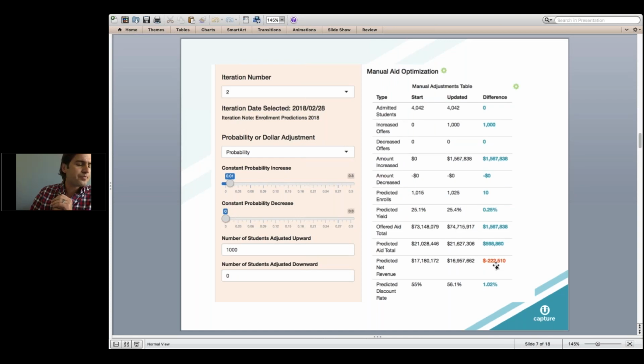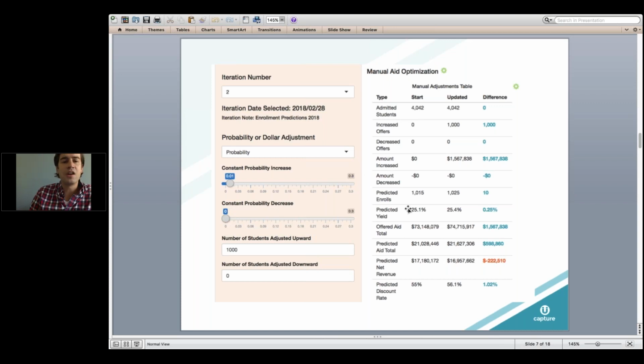In terms of iterations throughout the year, we encourage schools to send us data for our enrollment and admissions applicant models about once a month, and for an enrollment model, near that May 1st deadline, leading up to that, you might want to do it every week or so. So we say somewhere between 10 and 15 iterations. But in terms of the adjustments and how many different ways you can tweak this, that's kind of unlimited.